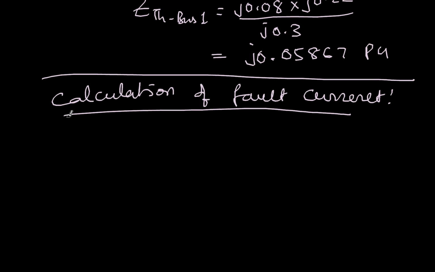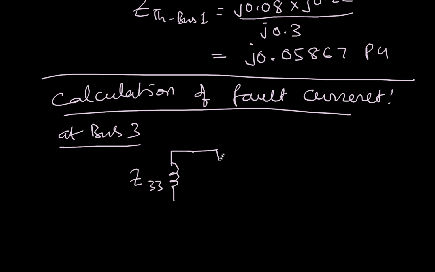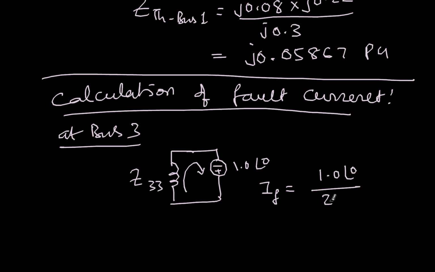So, calculation of fault current. If the fault is at bus 3, then I simply have a system like this: Z33, and then I have the fault, with 1 per unit voltage. So IF will be 1.0 divided by Z33.